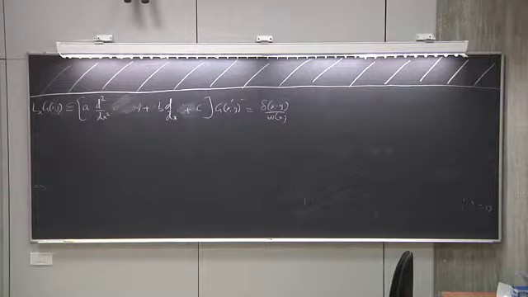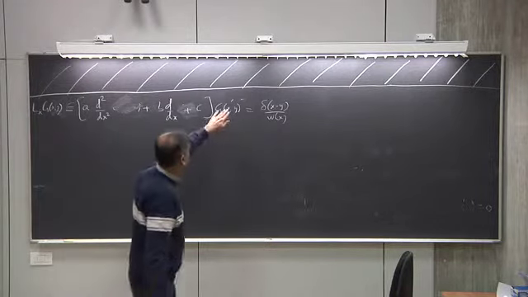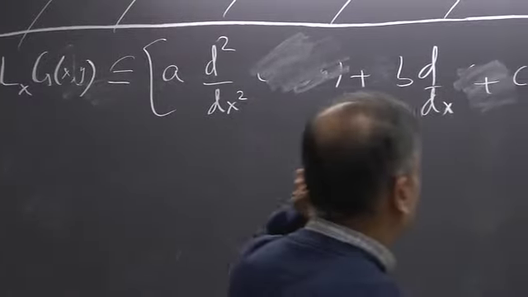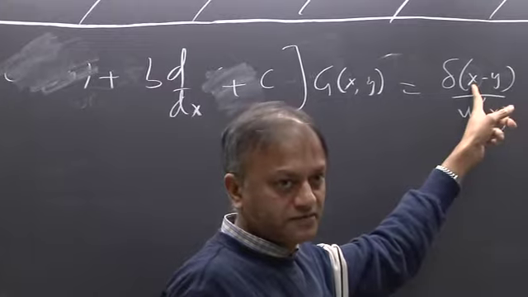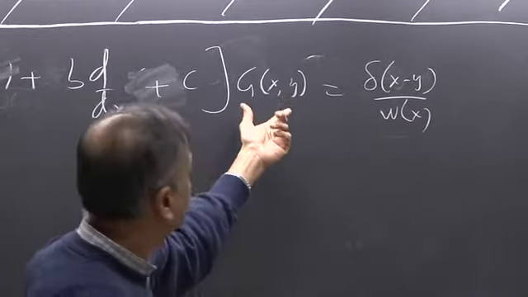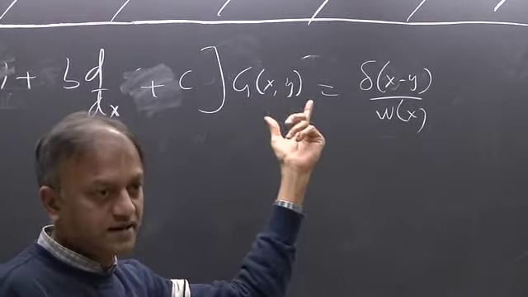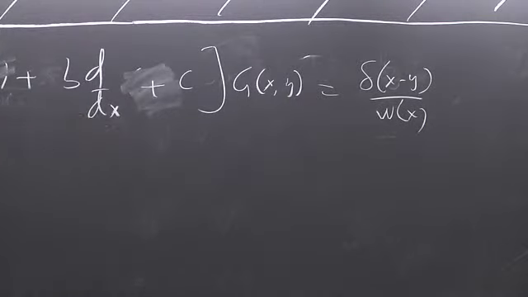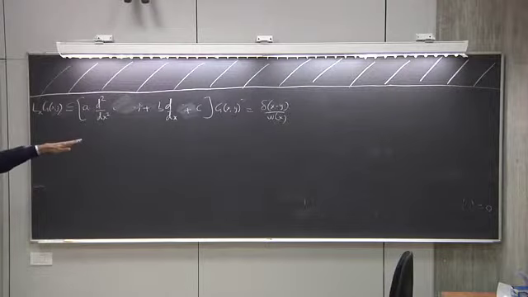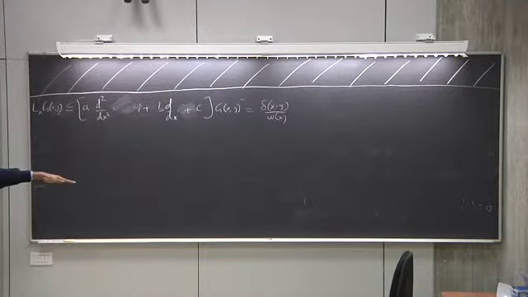Let me repeat that argument again, because it's a rather important one. This is really a generalized function, and you should think of the capital G also as a generalized function, more rigorously. But in fact, as we'll see, you can think of the Green's function as just an ordinary function.